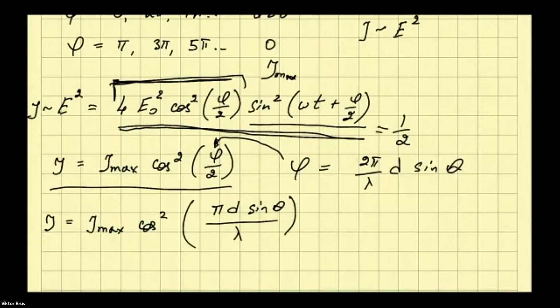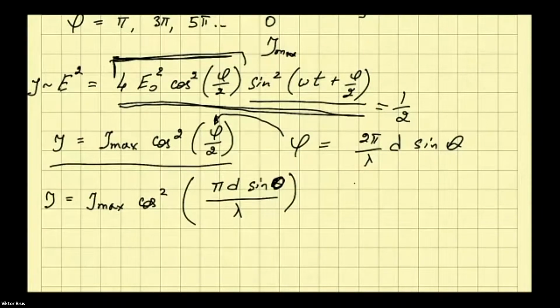along the viewing screen in terms of the points' position, the angular position of points on this viewing screen. And for small angles, you remember that tangent theta is approximately equal to sine theta, and that could be expressed as the ratio of y, the linear position of the point, divided by L, the distance from the slits to the screen.